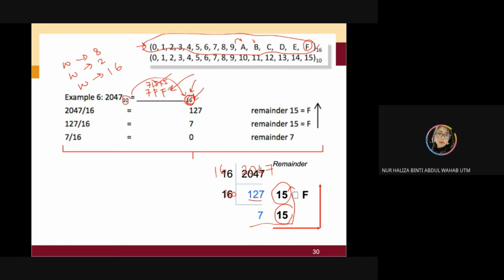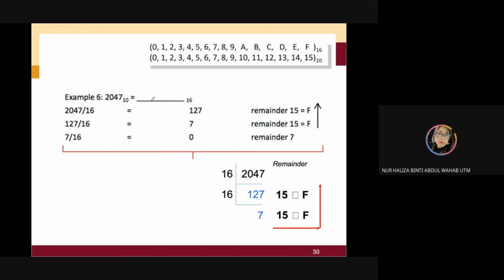All of this you need to convert to your hexadecimal. This is your answer. So again, as mentioned previously, please try to play around with these numbers and try all the conversions.